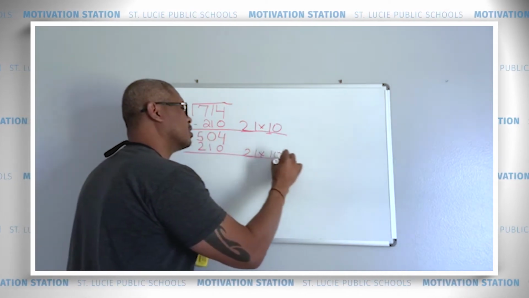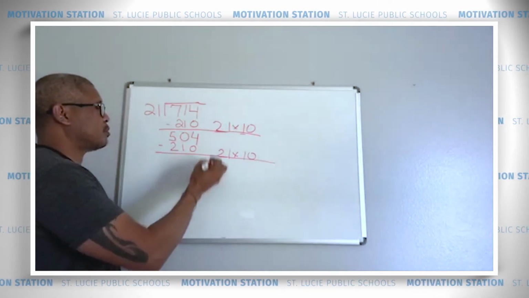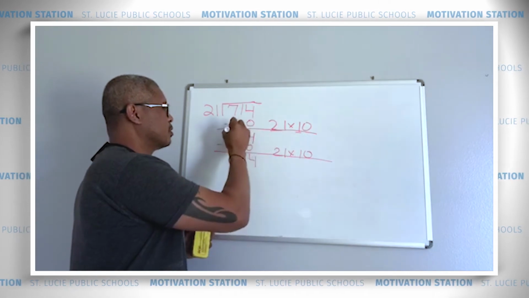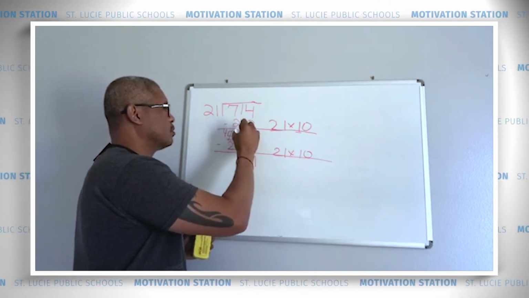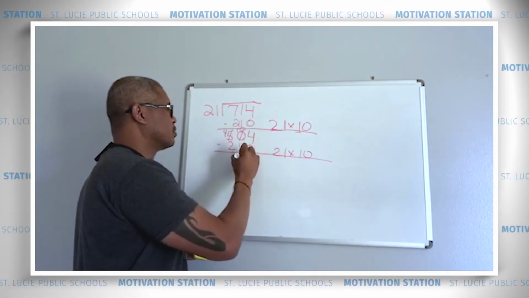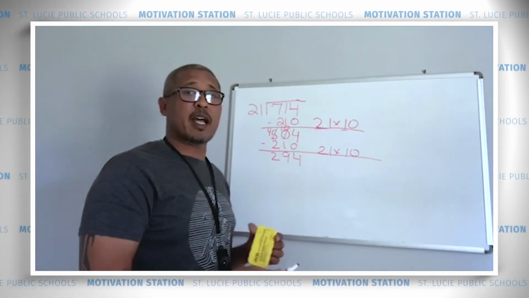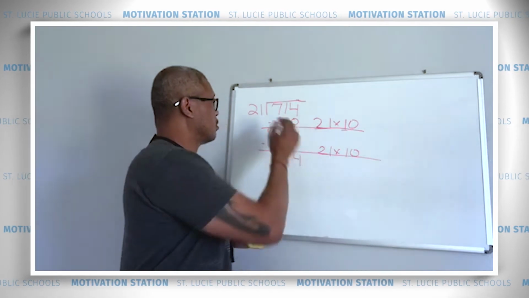Again, to keep track, 4 minus 0, regroup, and I get 294.